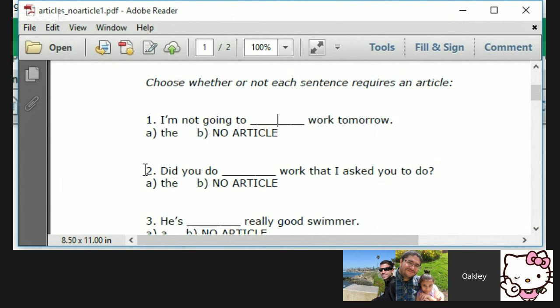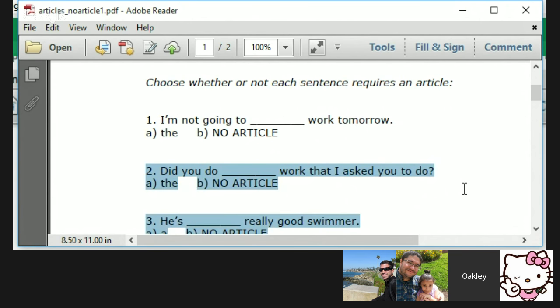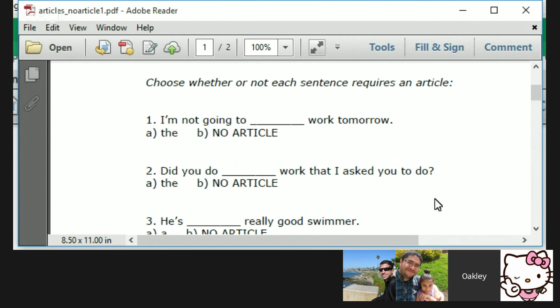Heidi, number 2. Did you do the work that I asked you to do? Very good. In this case, we see that work is some specific work, some defined work. We know it's defined because the listener already knows, because you're saying "I asked you to do." So it's not the first time it's mentioned.